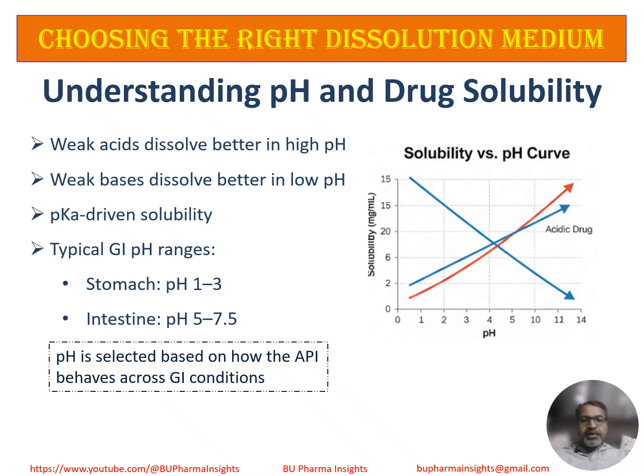For example, weakly basic drugs may dissolve well in the stomach but precipitate in the intestine, which is why multi-stage media are often justified.